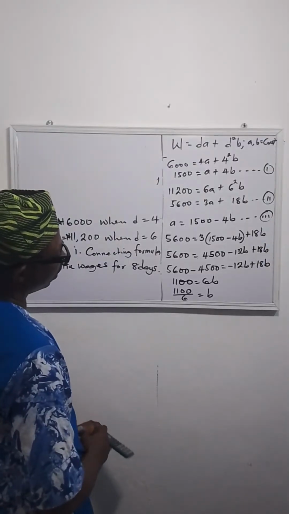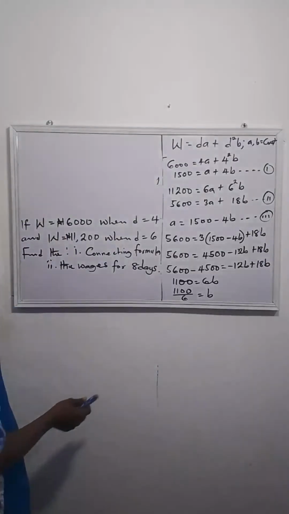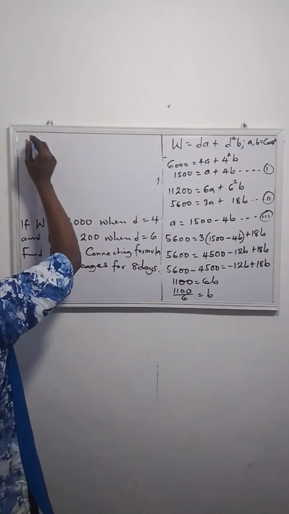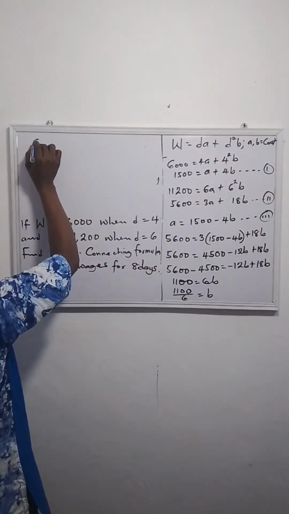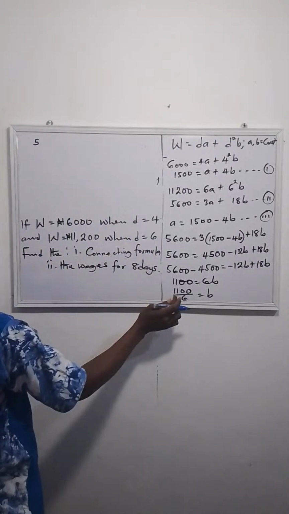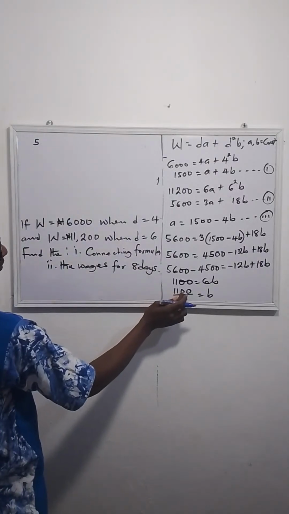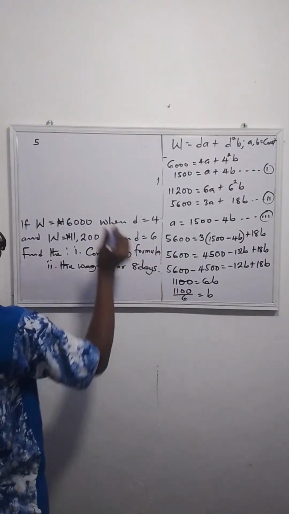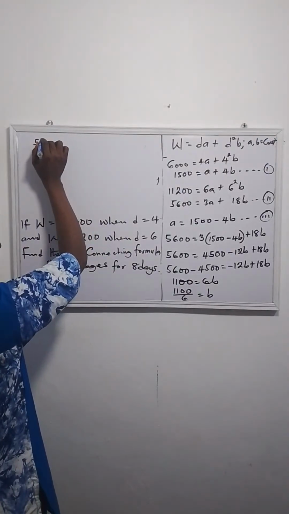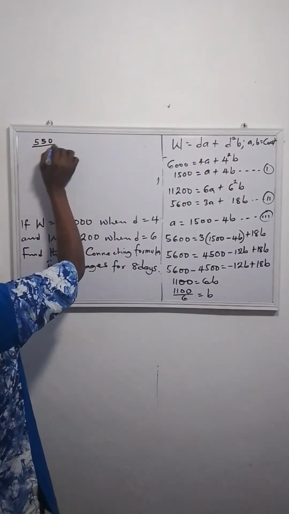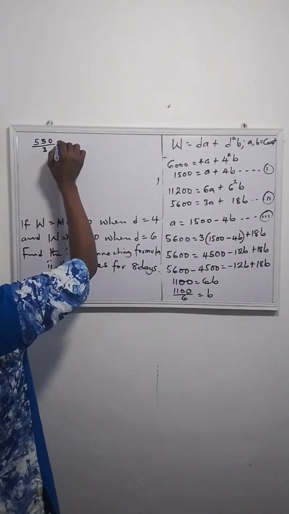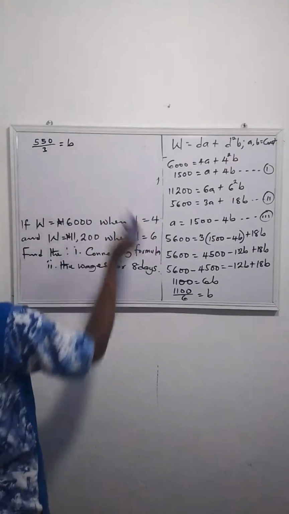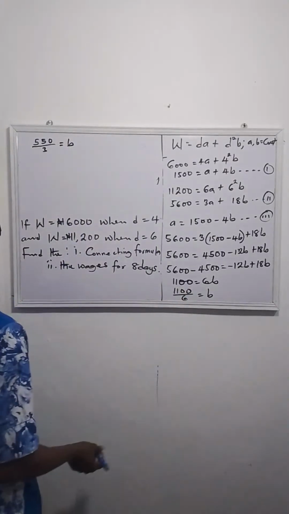We can reduce this by 2. So we divide this one by 2, this by 2, and we have 550 over 3 equals B.